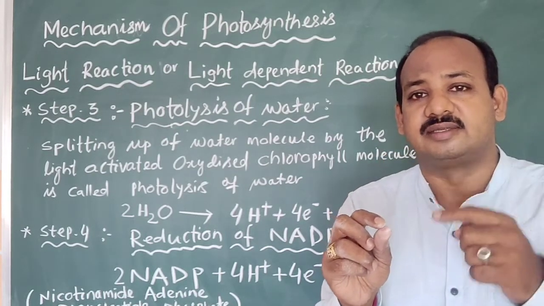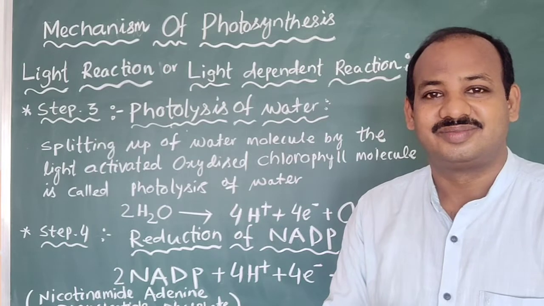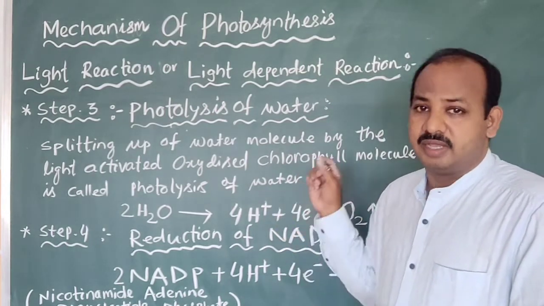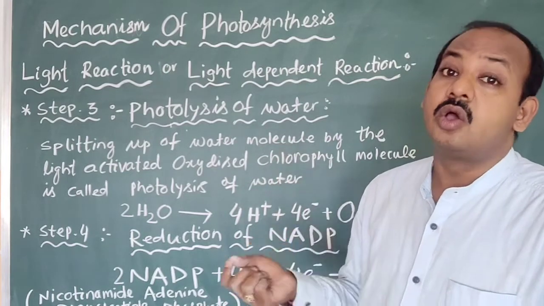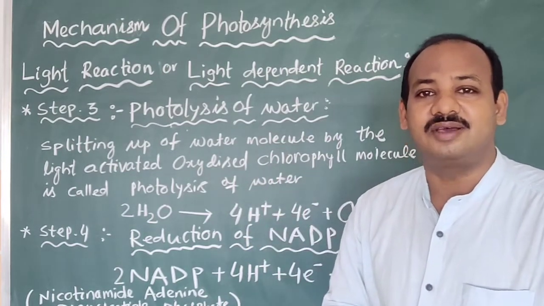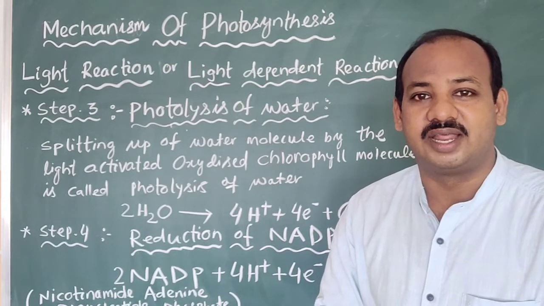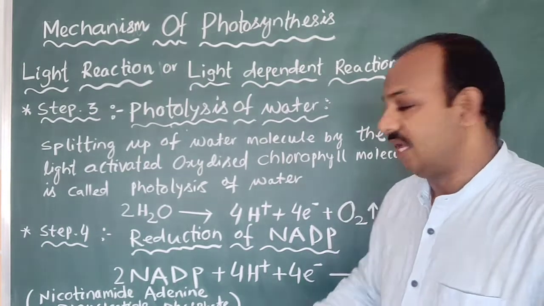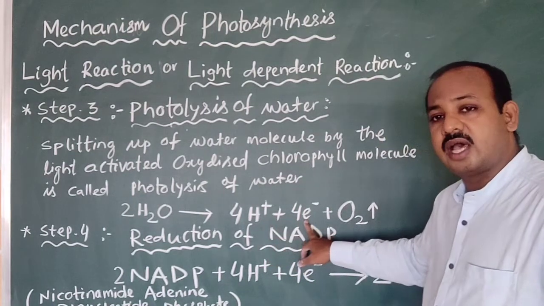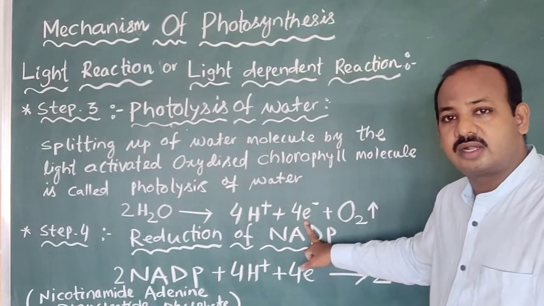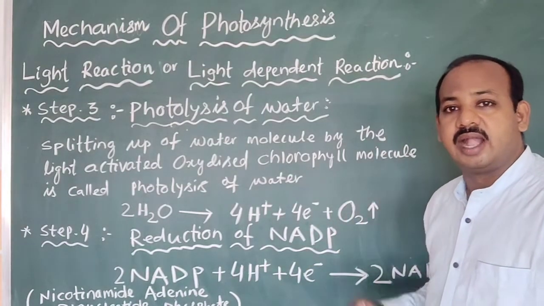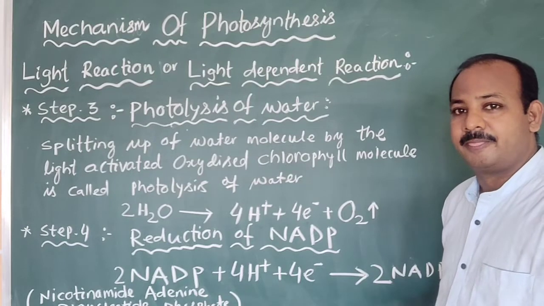Because of the light energy or solar energy. So splitting up of the water molecule by the light activated oxidized chlorophyll molecule is called photolysis of water. Understood children? Here we have seen protons and electrons are produced during photolysis of water, and oxygen, being a gas, enters the atmosphere.